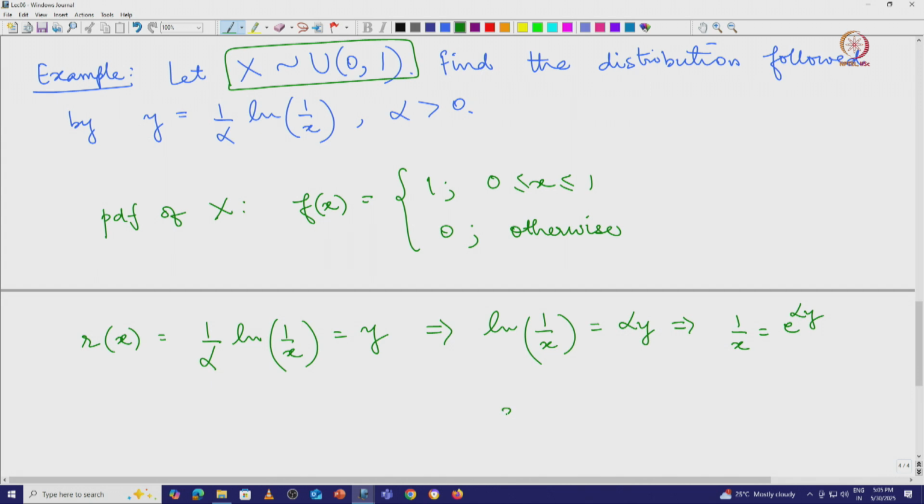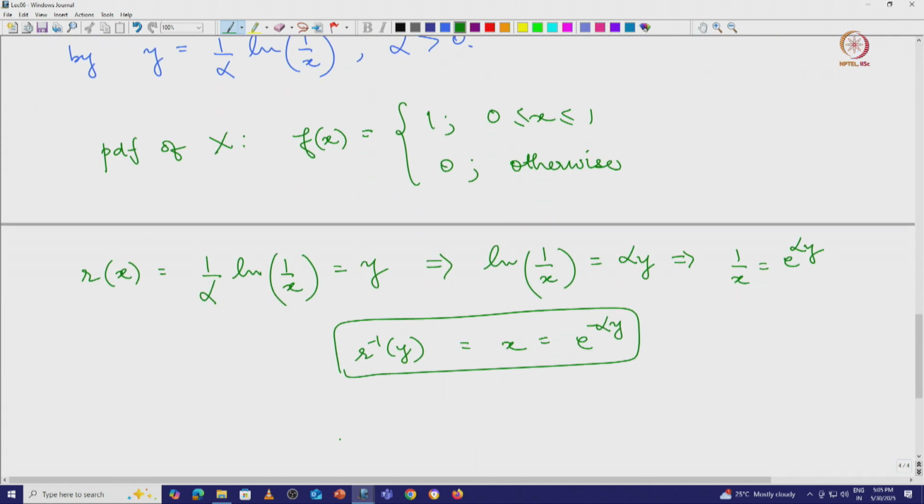So, x is equal to e to the minus alpha y, and this is basically r inverse of y. Now, if you look at e to the minus alpha y and we are given that alpha is greater than 0, if you plot this, you will see that it looks something like this. So, this is a decreasing function.